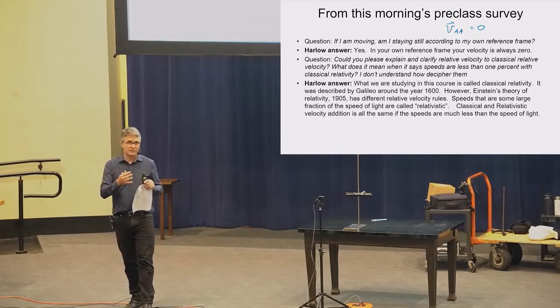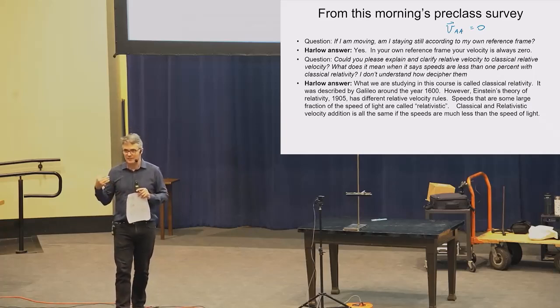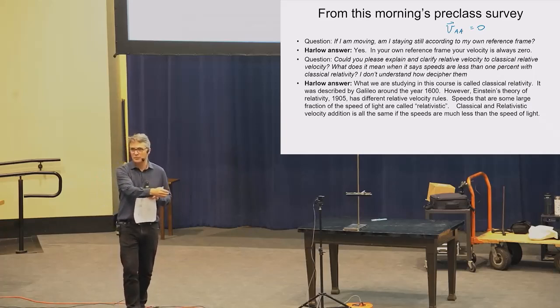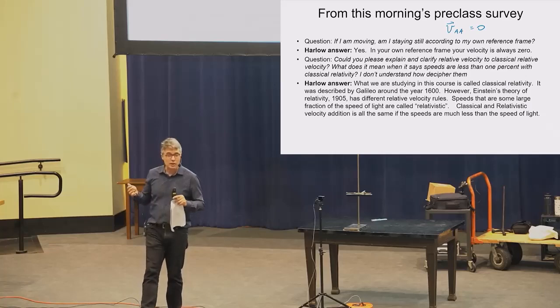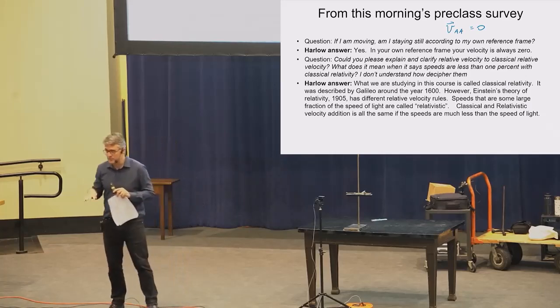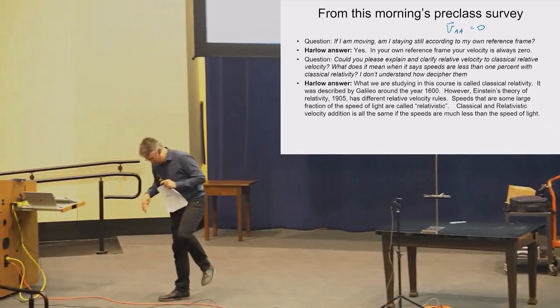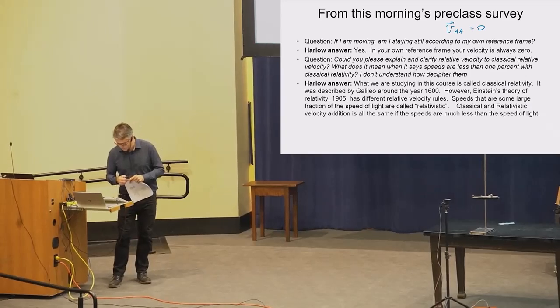If you start going that fast, then these don't actually work, because there's a rule in physics: you can't go faster than the speed of light, and you can't even really get to the speed of light. Only light goes at the speed of light. We call any speeds that are some large fraction of the speed of light relativistic speeds, and for those speeds, you can't use Newton's laws, really. But we're going to keep things much slower than the speed of light.